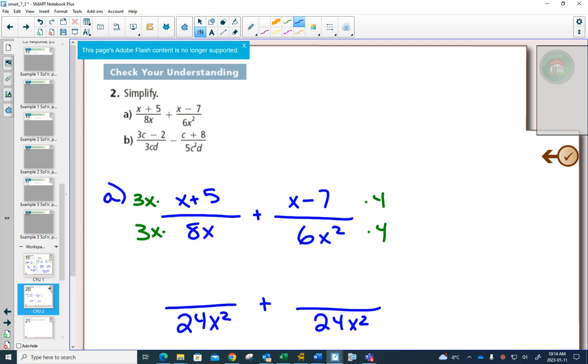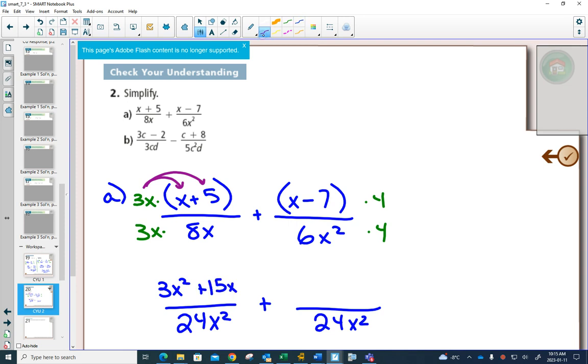Now in the top, and this is where this has brought it to the next level, this is 3x times the x plus 5, and this is 4 times the x minus 7. The 3x is not just multiplied by the x, it's multiplied by the whole thing on the top. So you're going to have to distribute, which gives you 3x squared plus 15x.